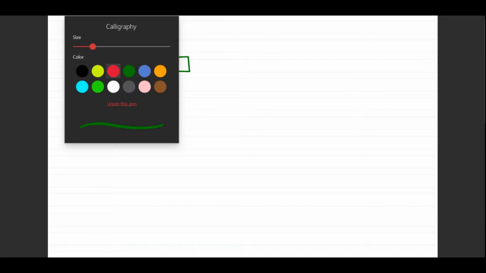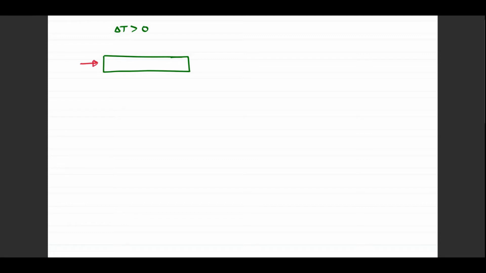So we'll talk about this case first: delta T greater than 0. We know stress is compressive. The rod is finally also not moving. So can I say the force from walls on both sides will be the same? Same in magnitude but opposite in direction, of course.